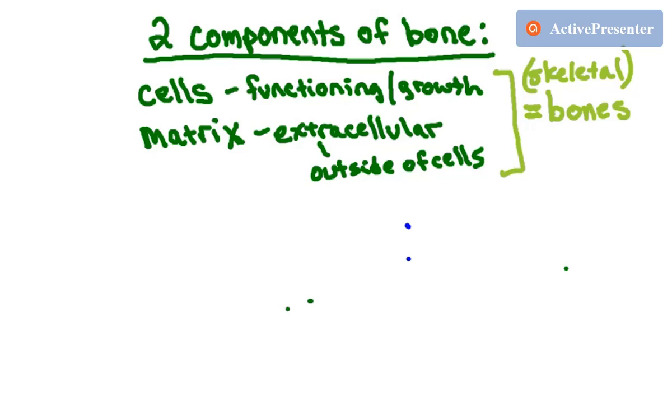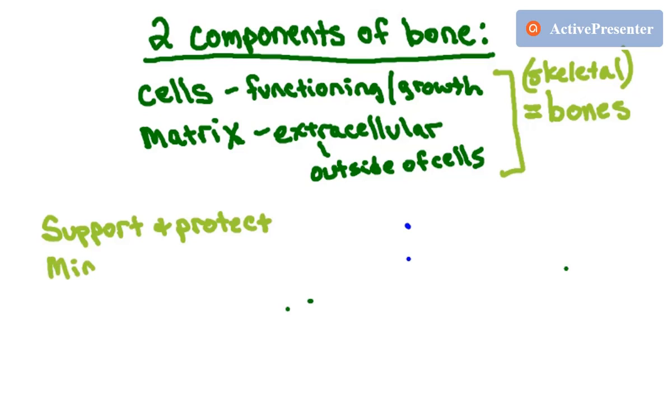First, let's just run down the functions really quickly, because there's always that test question: what is the function of the skeleton, or what are the functions of the bones? So let's run that down really quick. Bones are to support and protect, like the rib cage protects your heart and lungs from external elements. It supports you because you can't stand up without it.